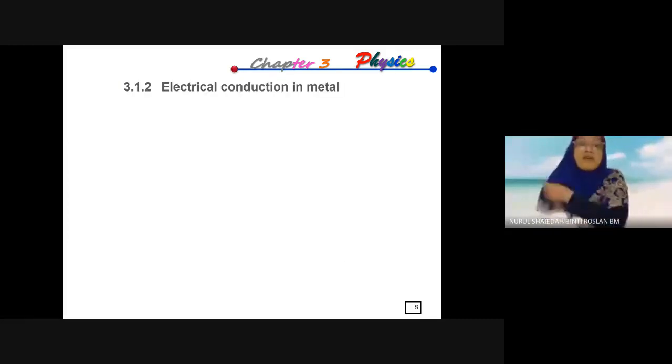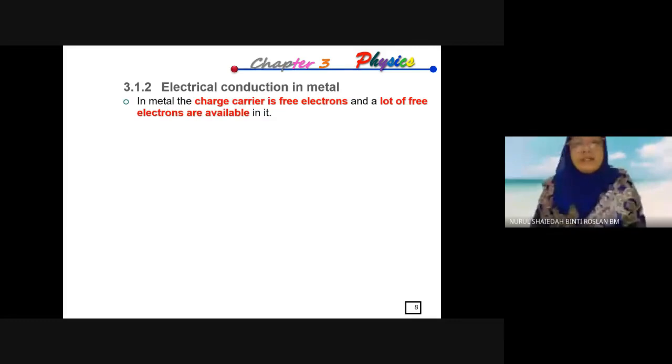Okay, we move on to electrical conduction in metal. In the metal, the charge carrier is a free electron. A lot of free electrons are available. That's why we use metal. That's why metal is a conductor of electricity, because inside the metal we have a lot of free electrons.